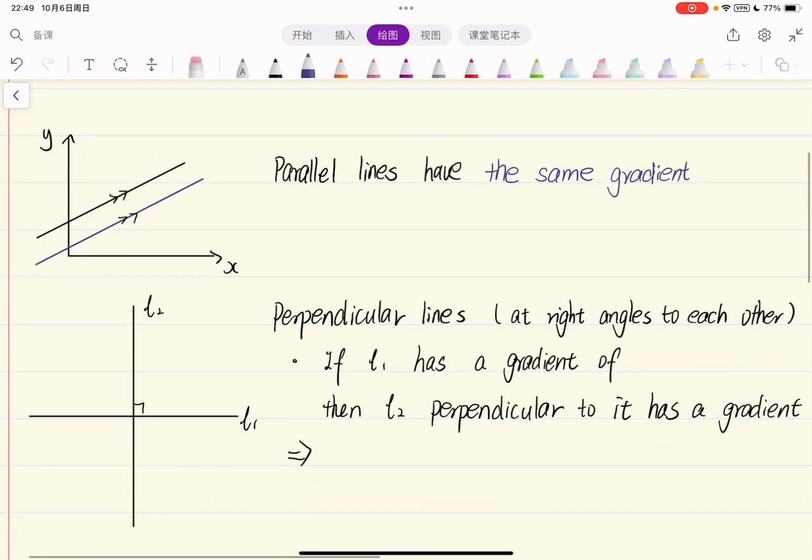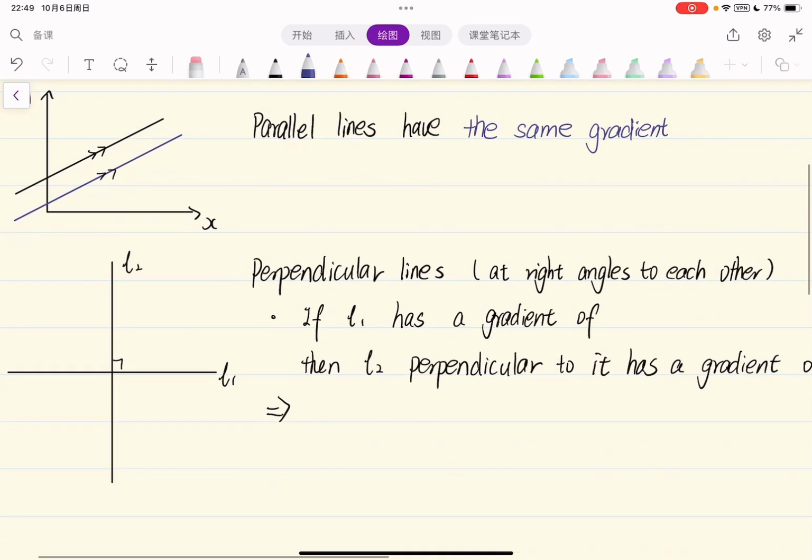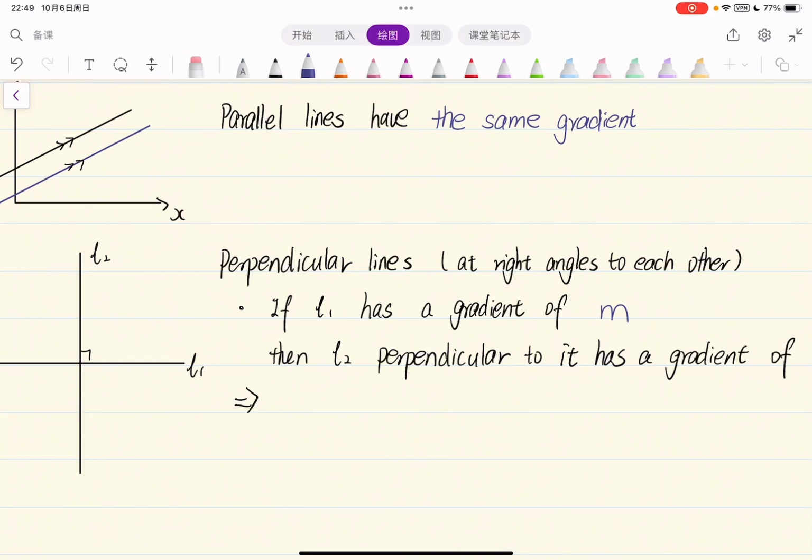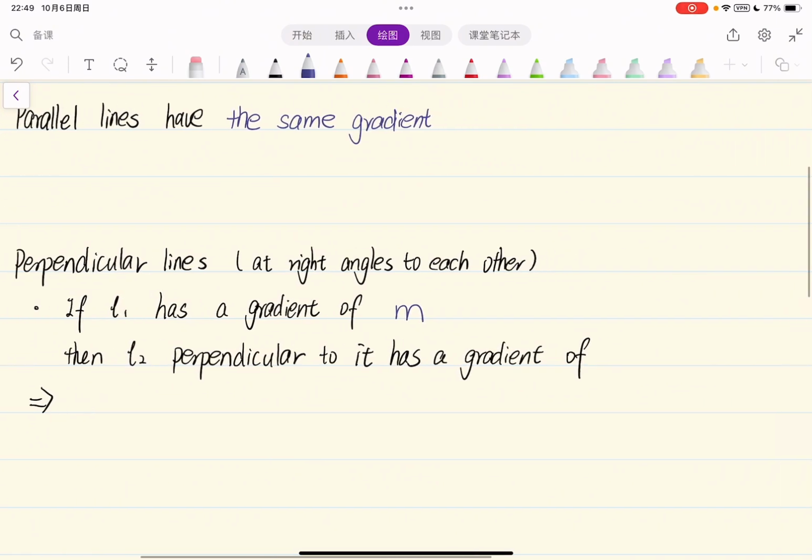For two lines that are perpendicular to each other, in other words at right angles to each other, if L1 has a gradient of m, a line L2 perpendicular to it has a gradient of -1 over m.